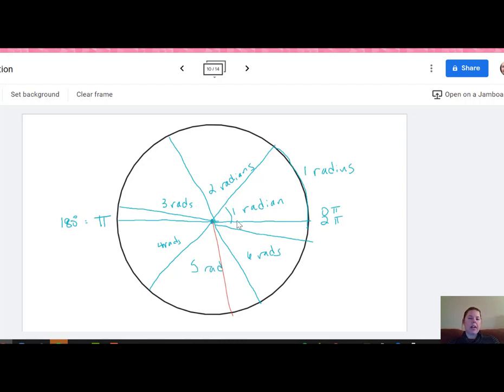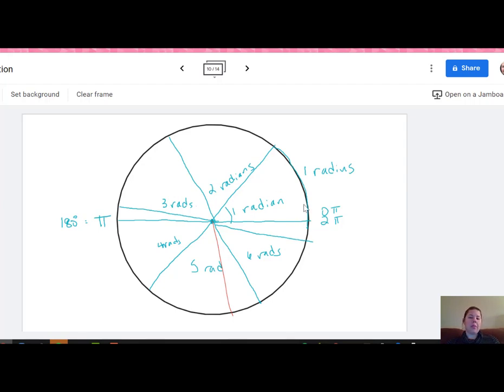Where 1 radian comes from is that 1 radius length is 1 radian, 2 radius lengths would be 2 radians, and 3 radius lengths on the outside would give me 3 radians. Halfway around would give me pi radians. Then we have 4 radians, 5 radians, 6 radians, and 2 pi would get me all the way around.